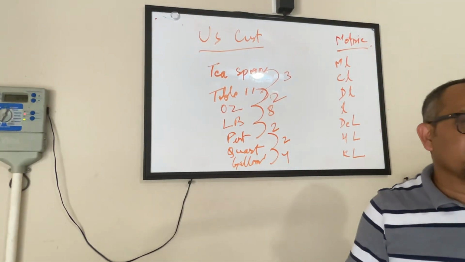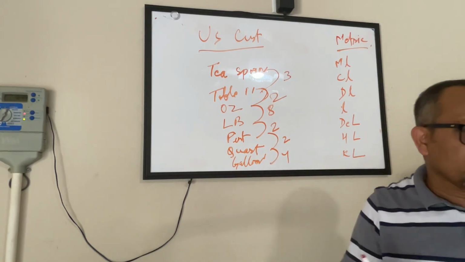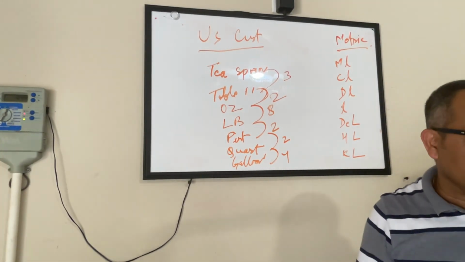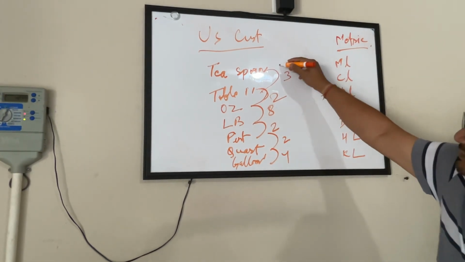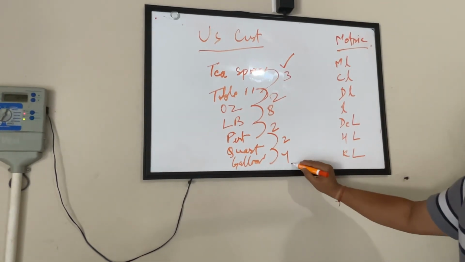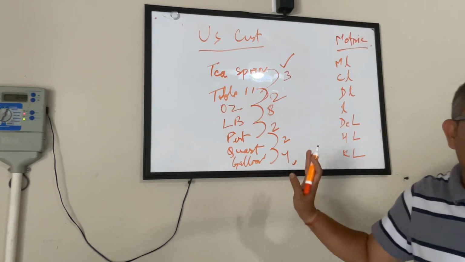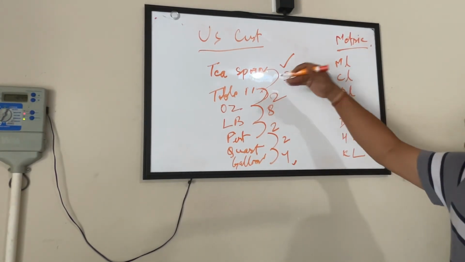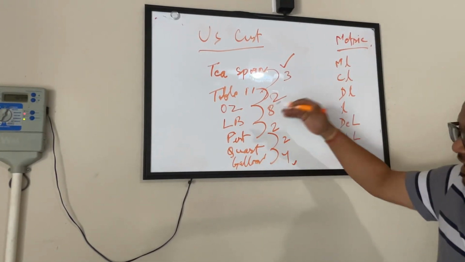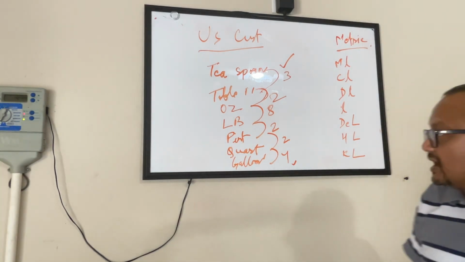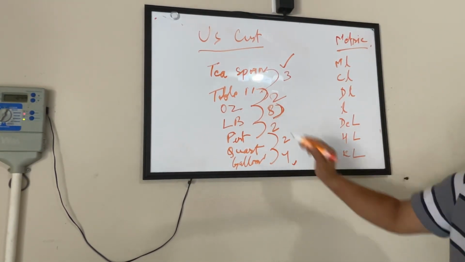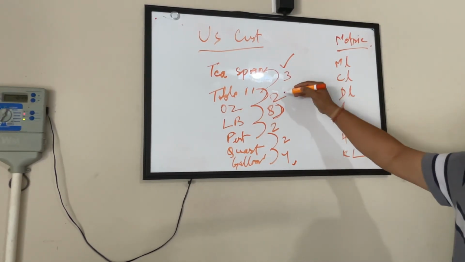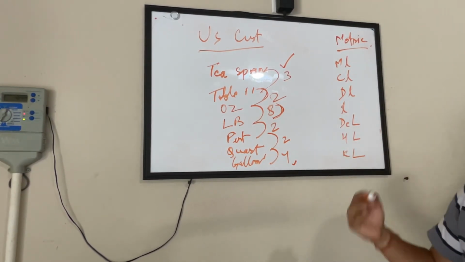Barrels is for measuring bigger quantities and not needed for you at this point in time. So remember that the smallest unit that we deal with is teaspoon, and the biggest is gallon. In between we have tablespoon, ounce, pound, pint and quart. And the biggest thing to remember is from ounce to pound is 8.